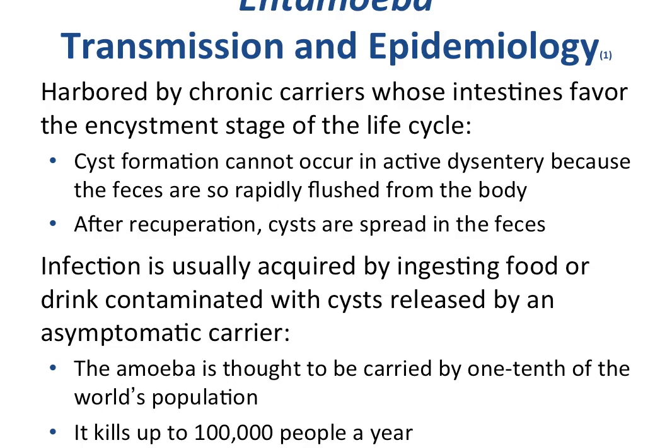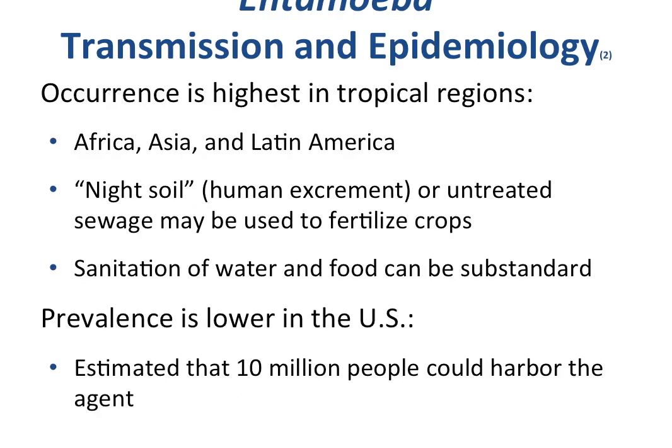Each year it causes 100,000 deaths. So that's a lot. The amoeba is very prevalent in Africa, Asia, and Latin America, especially when those countries don't have good public health facilities, so people defecate in the environment.